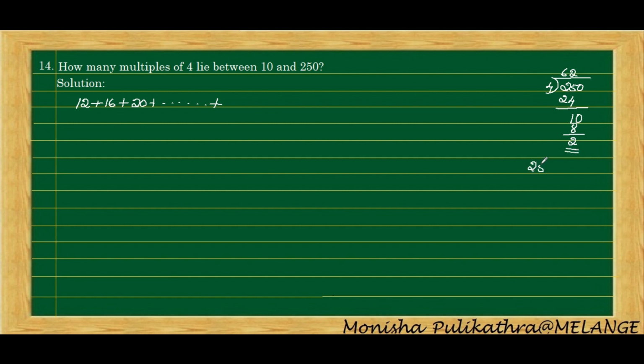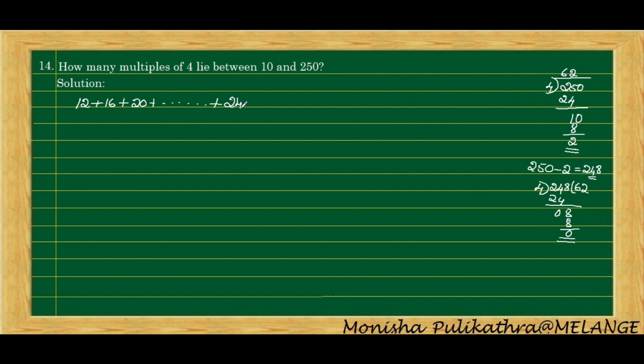Now we need to subtract 2 from 250, that is 248. Next try to divide 248 by 4. 4 6s are 24, 8 remaining, 4 2s are 8.